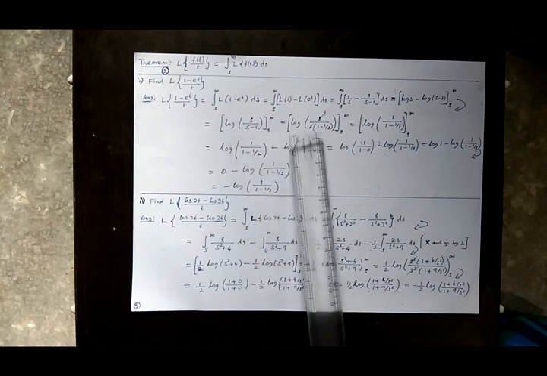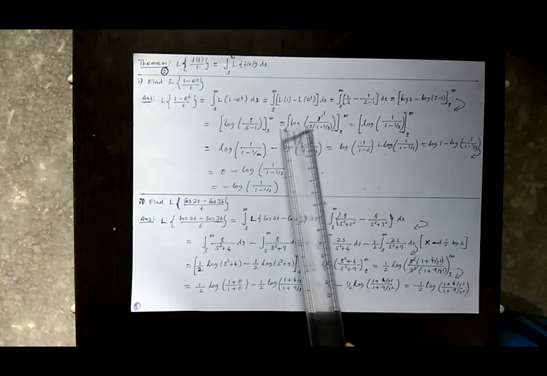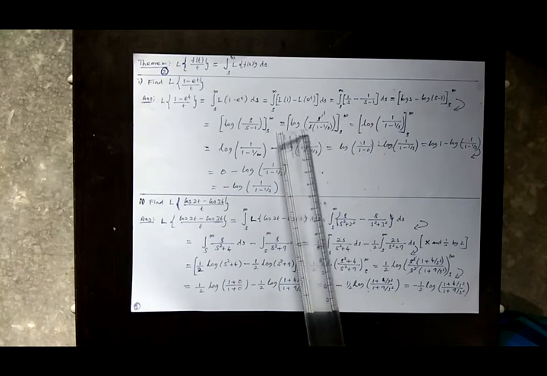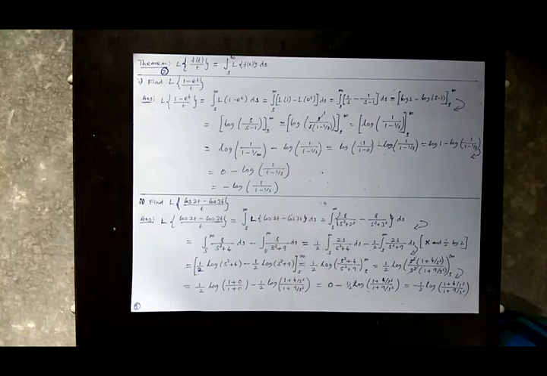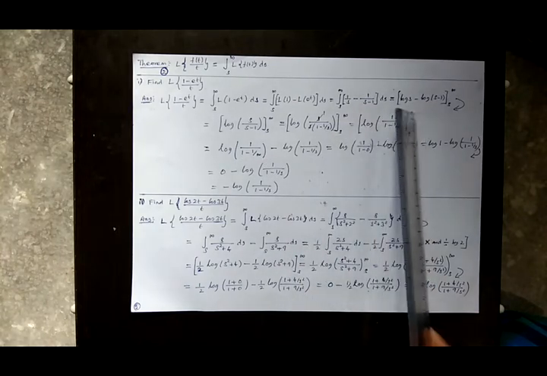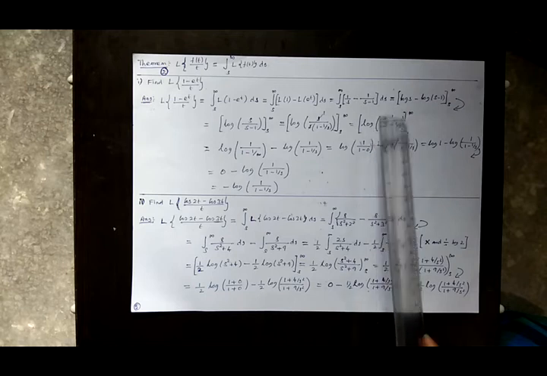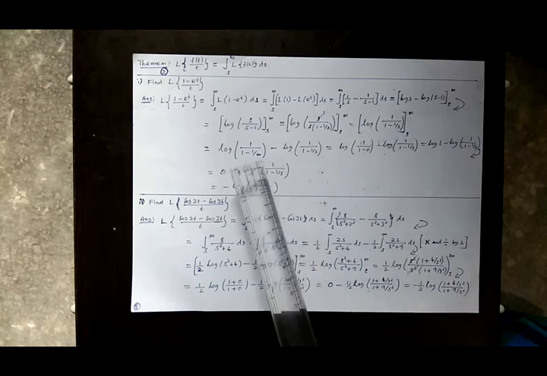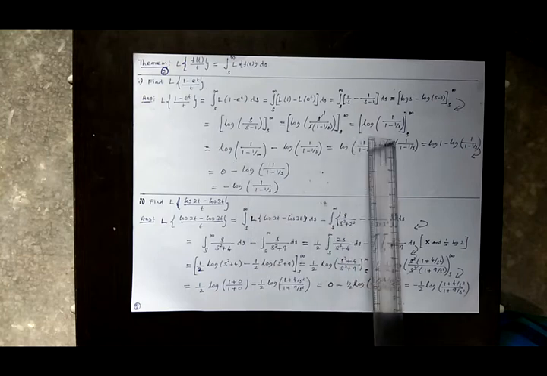You see the denominator, it is s minus 1. You take s outside from the denominator, you get s into 1 minus 1 by s. Now these two s get cancelled. So after cancelling these s's, we get log of 1 by 1 minus 1 by s. Now if you put s equal to infinity, that means the upper limit, this 1 by s becomes 1 by infinity, which becomes 0.